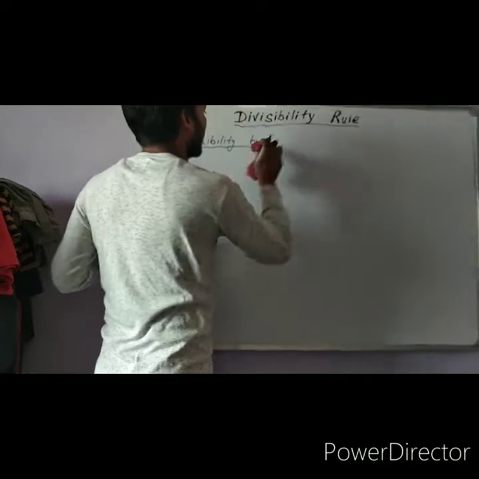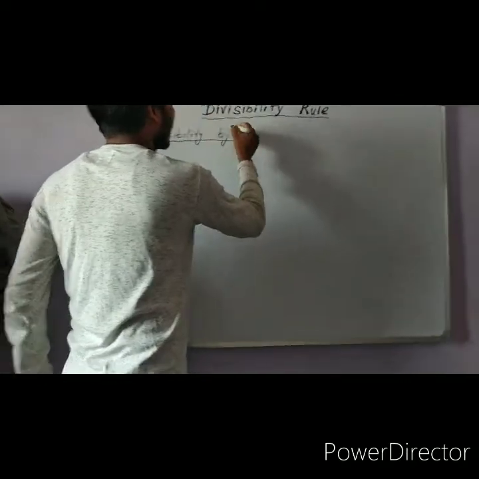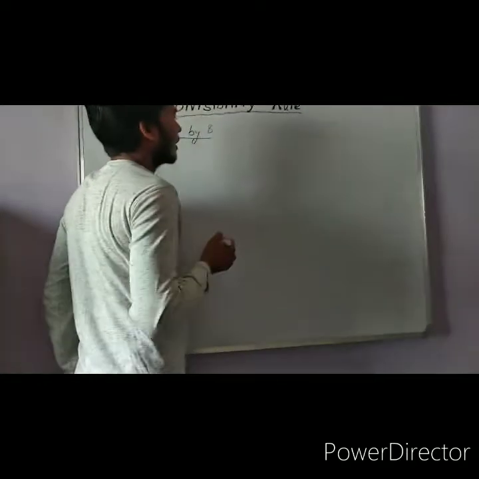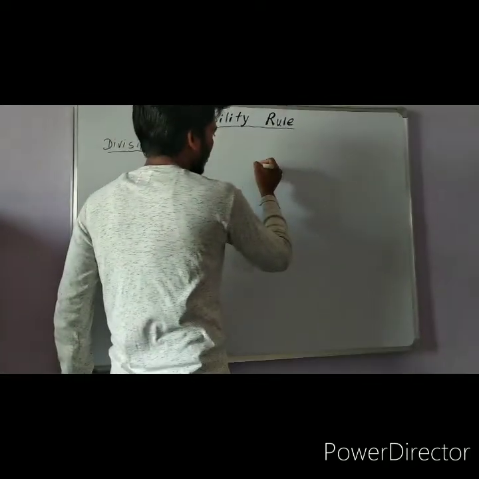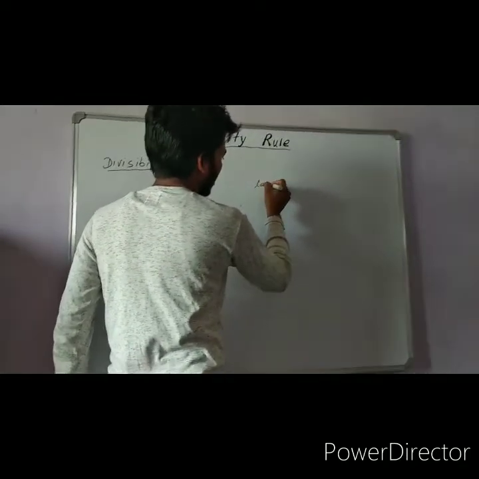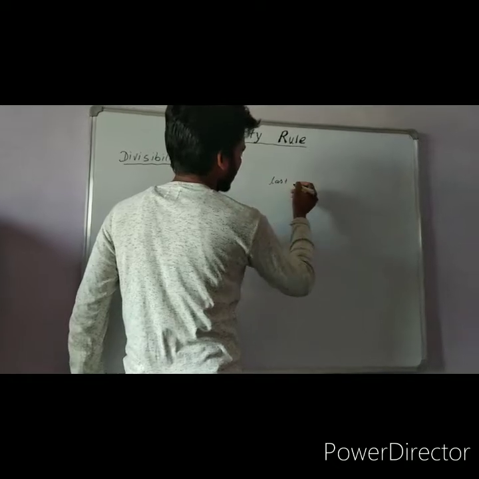Now next, divisibility by 8. What is the rule? The first or last 3 digits. Say last 3 digits, because I used last 2 digits in divisibility by 4.